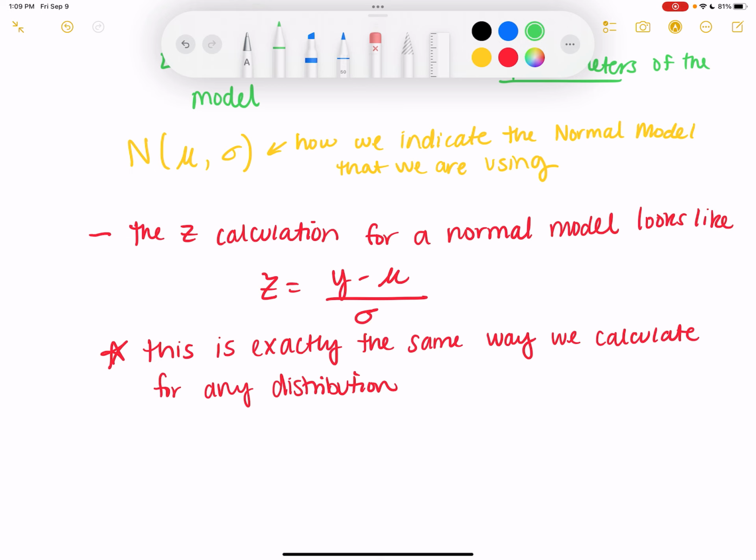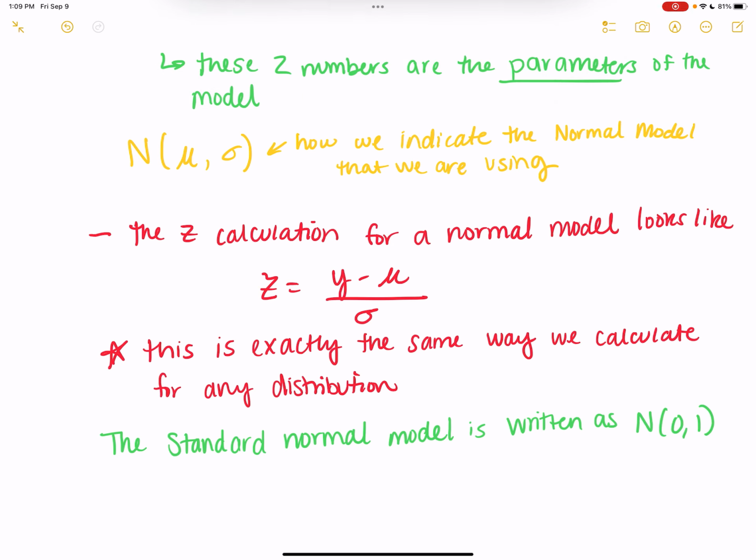The standard normal model is written as N and then parentheses 0, 1. So the mean is 0, standard deviation of 1. And that's just to help us standardize so that we know exactly what we're looking at.